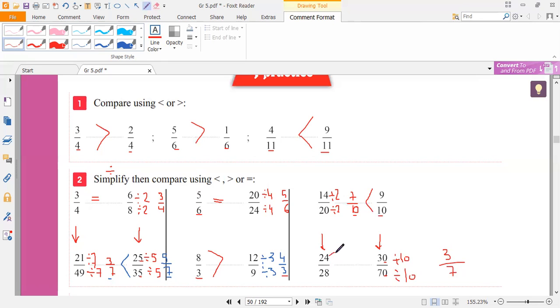If I divide here by 4, you can start by trying divisibility by 2, divisibility by 3, divisibility by 4. So if I divide by 4 up and down, I will get 7 as a denominator. So here will be 6 over 7. And look at here, 6 sevenths and 3 sevenths. Of course, 6 sevenths is greater than 3 sevenths.